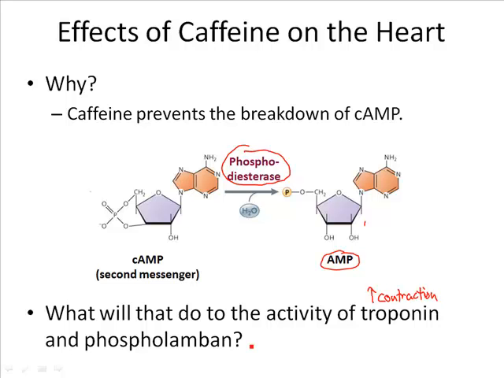It's going to increase the rate of relaxation due to the actions of the phospholamban. So what that's ultimately going to do is increase your heart rate artificially. So I think that's interesting. Right? This enzyme, phosphodiesterase, is inhibited by that molecule, caffeine.